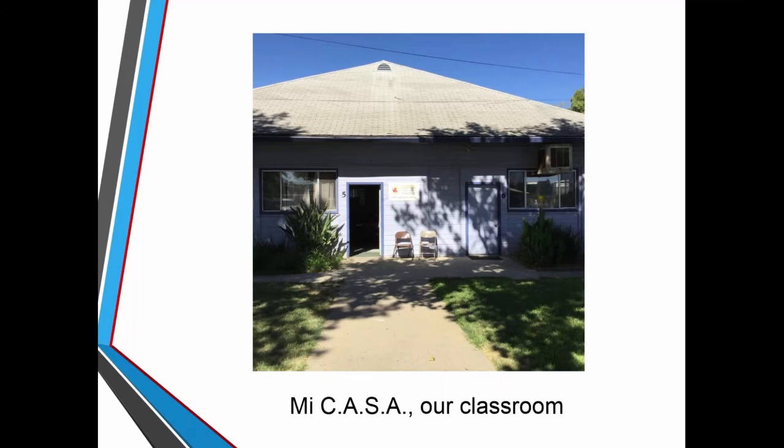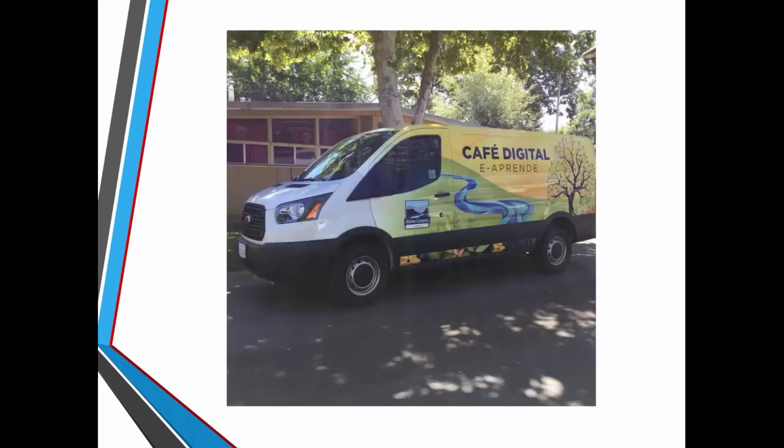We don't have a library on the camp, but this is a little classroom, and every day I bring computers in and bring in all our curriculum so that we can share this opportunity with the residents of this rural migrant worker camp. Next slide. And that's how we get them there.